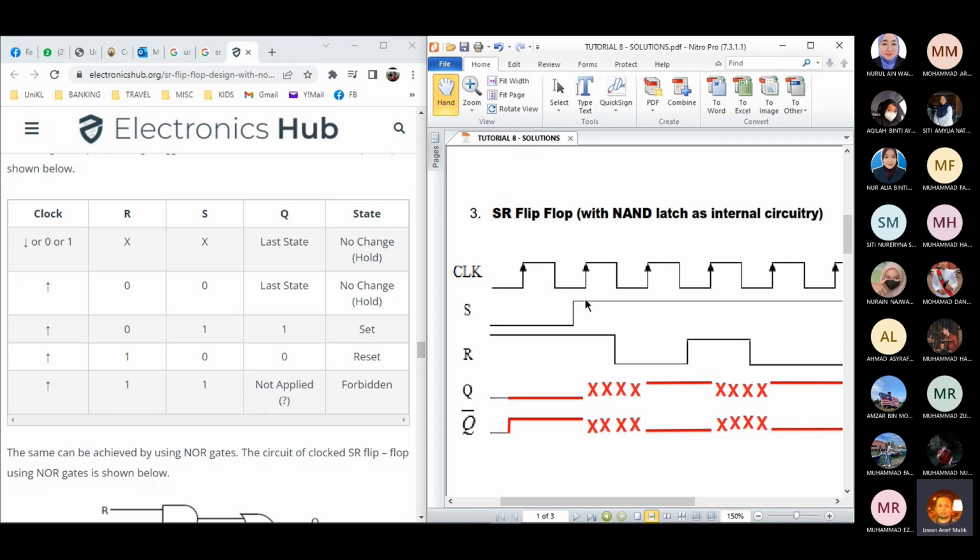Okay, so we look here, S is 1, R is 0. So S is 1, and then R is 0. S is 1, R is 0. Why is my... wait a moment guys. Okay, S is 1, R is 0, then it should become 1.